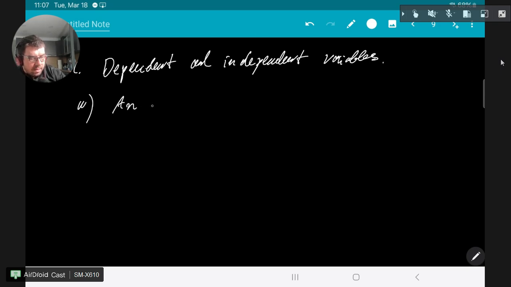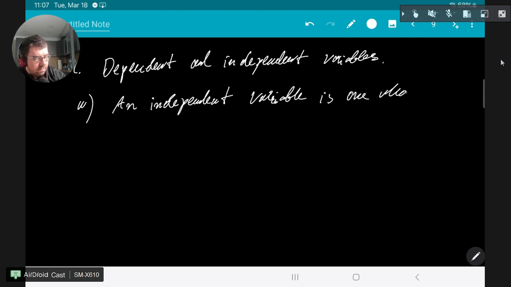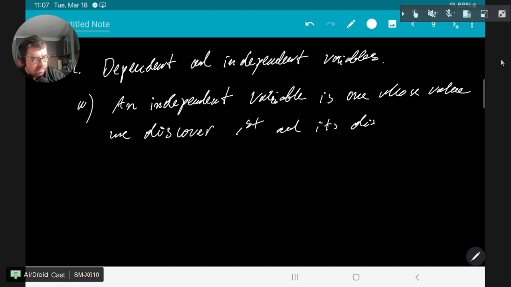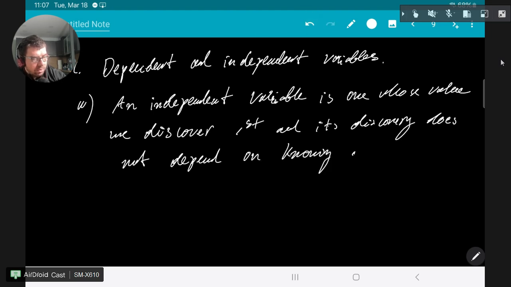An independent variable is one whose value we discover first, and its discovery does not depend on knowing other variables.